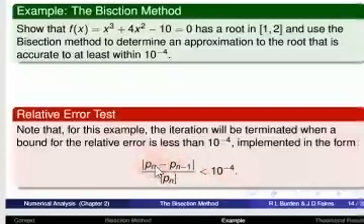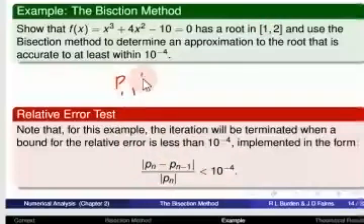So each time you compute P1, P2, P3, P4, then you can find the difference here. P1 is the midpoint of the initial interval AB, so P1 is the average, (A plus B) divided by 2.